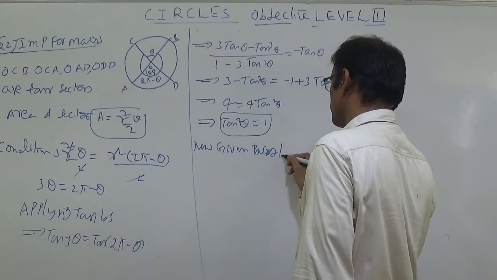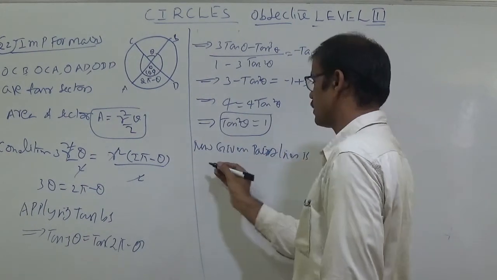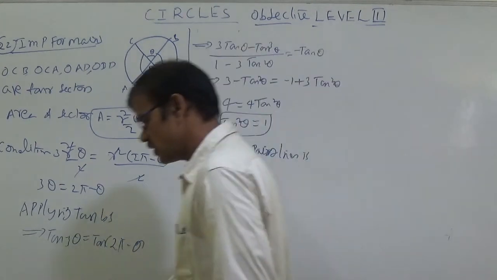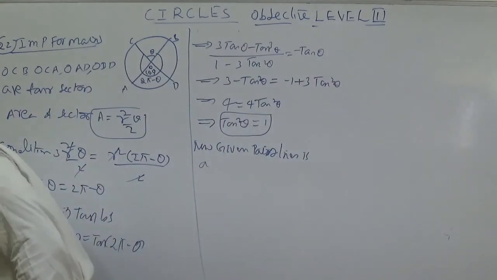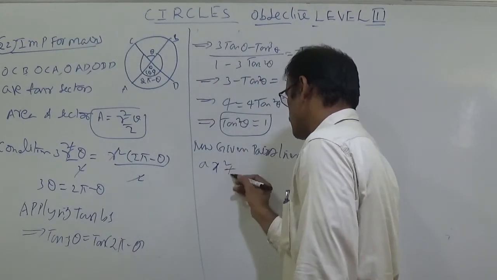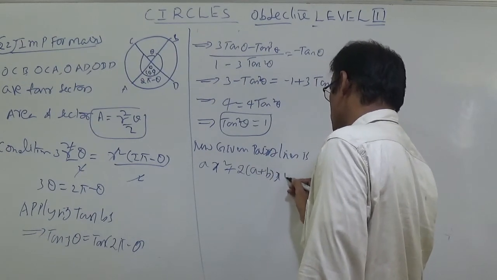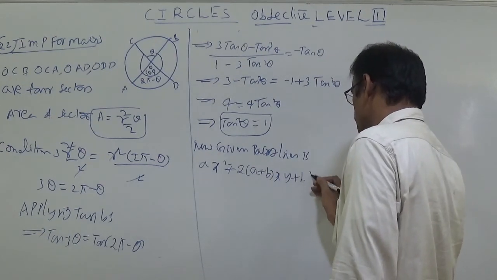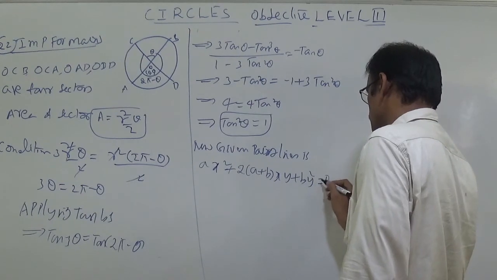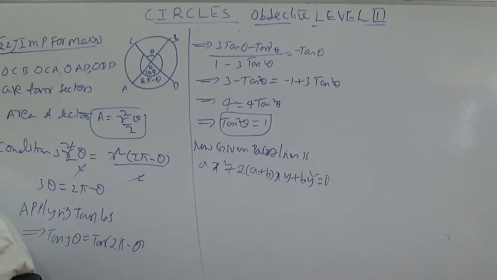The given pair of lines equation is ax square plus 2 into (a plus b) into xy plus by square is equal to 0. This is the combined equation of the two lines.